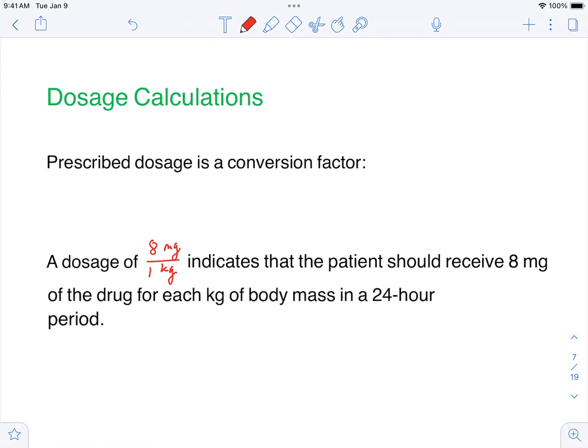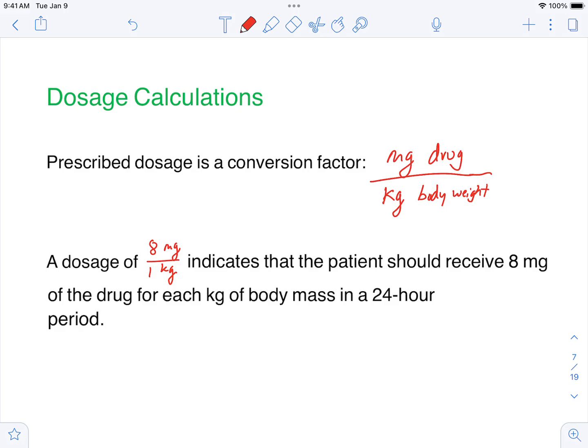So dosage calculations. These are ratios. Prescribed dosage is a conversion factor. So this is milligrams of the drug that you're prescribing or taking per kilogram of body weight.